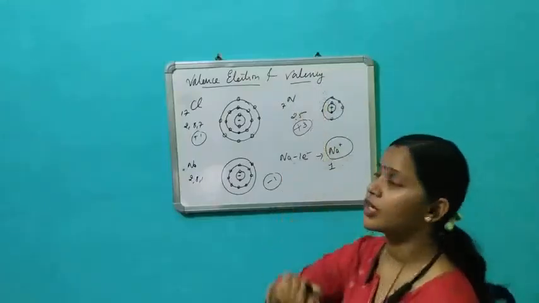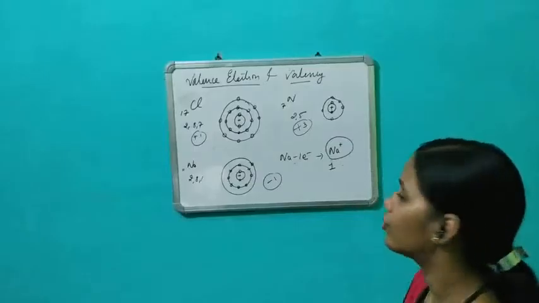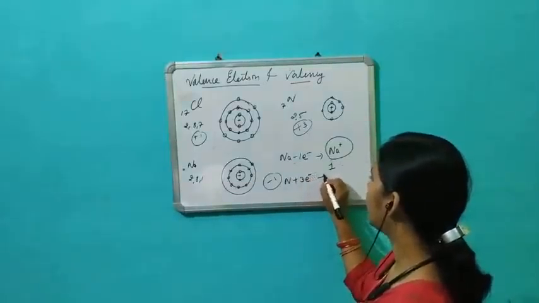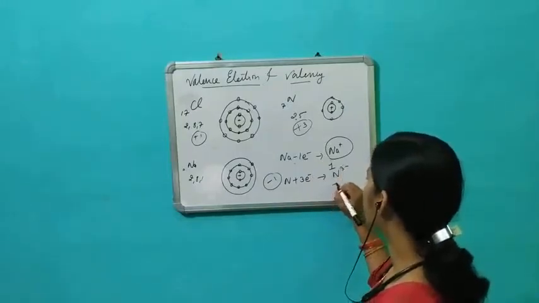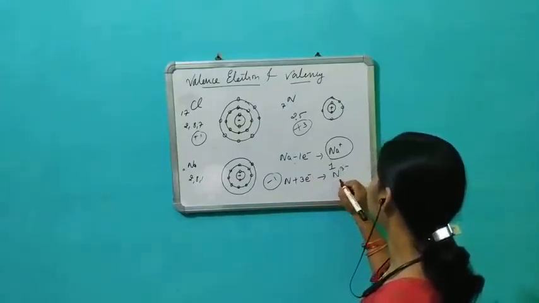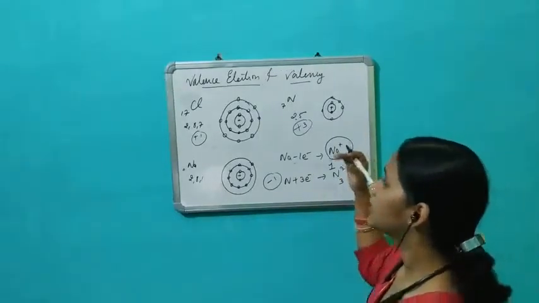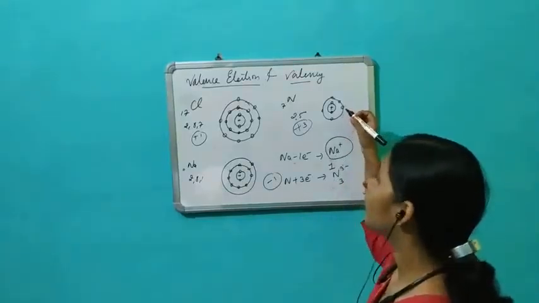Similarly, nitrogen has the ability to gain 3 electrons. Nitrogen tends to gain 3 electrons and form N3 minus, and it has the valency of 3. We have learned it in the junior classes. Whenever the number of electrons exceeds 3, then what do we do?